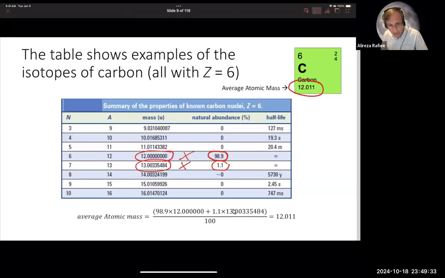Then you add them together and normalize by dividing by 100 to get that number. You're not supposed to do the calculation, but just to understand where this number comes from, and why it is not exactly 12, with 6 protons and 6 neutrons. It's because it is not the atomic mass, rather it is the average atomic mass number.